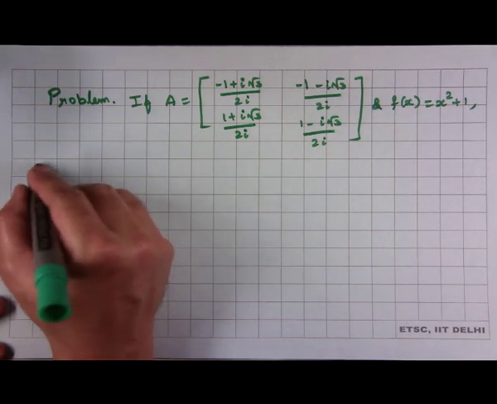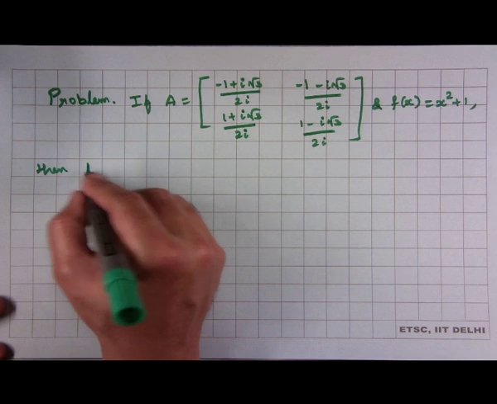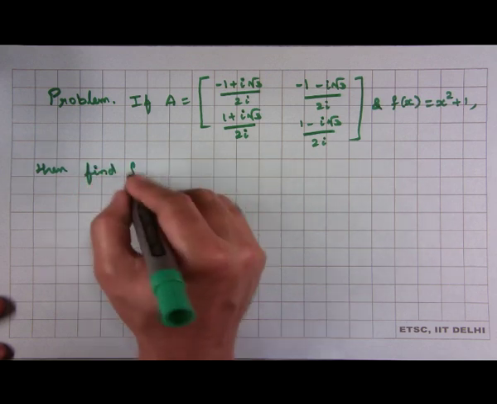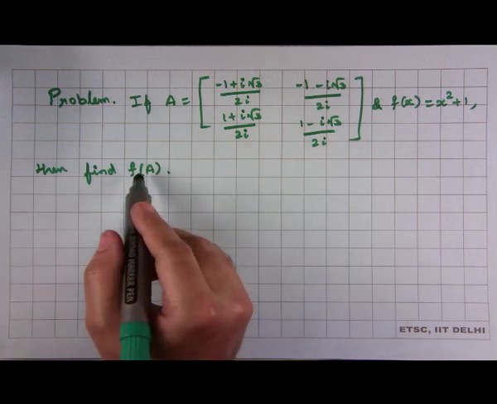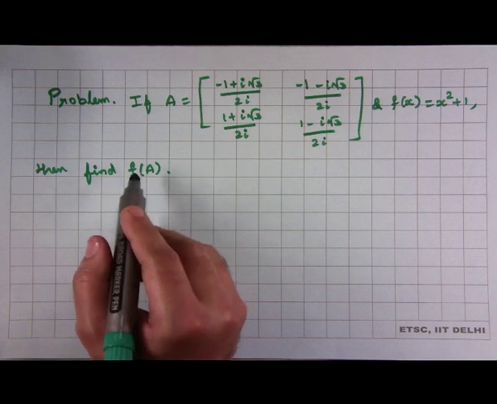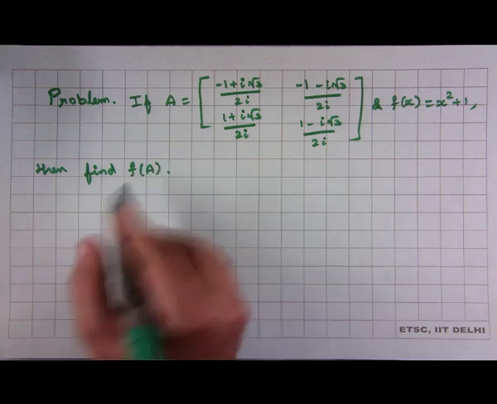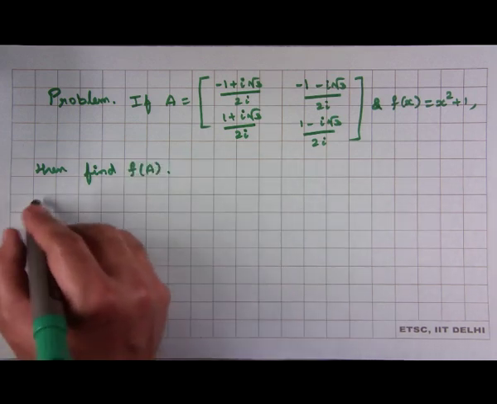Then find f of A. So, what is this f of A? Wherever there is x, just replace x by A. That is what this f of A means.